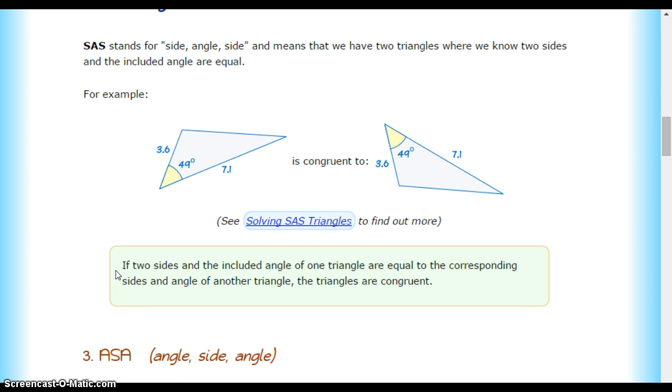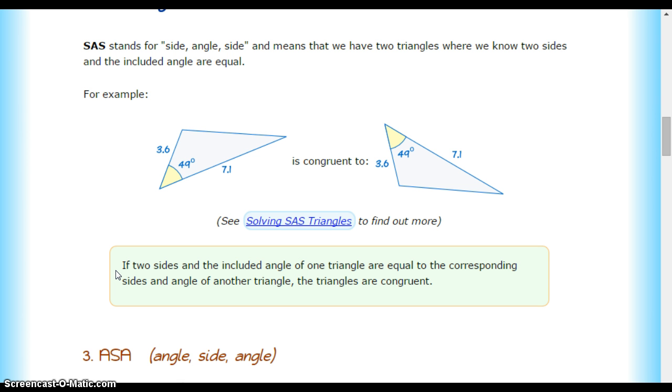So in other words, if you have two triangles and two sides are the same, and also the angle which is sandwiched or included in the middle of those two sides is also the same, then we can say that the two triangles are congruent.